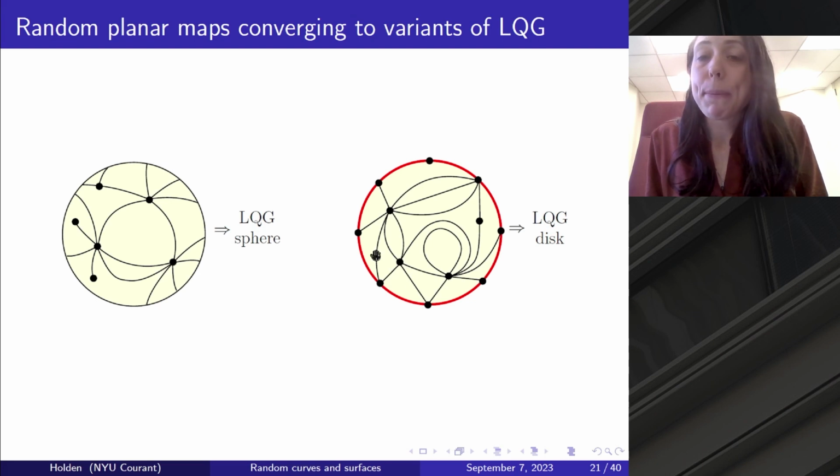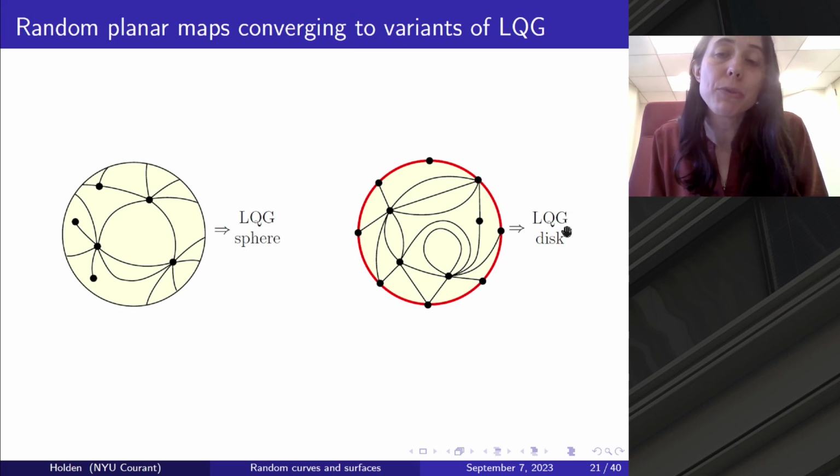One can also consider planar maps with the topology of a disk. You see that this is a planar map which has a macroscopic boundary, which is this curve shown in red. When the size of this planar map goes to infinity, it converges to the LQG surface known as the LQG disk, which is defined by considering some variant of the GFF in a disk.